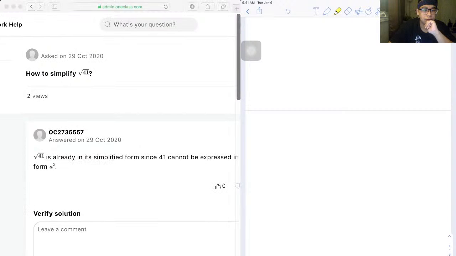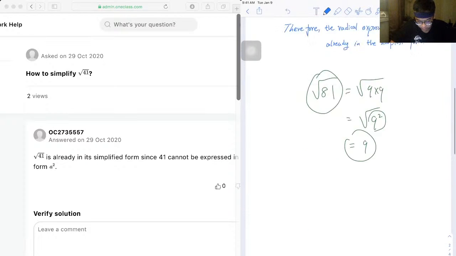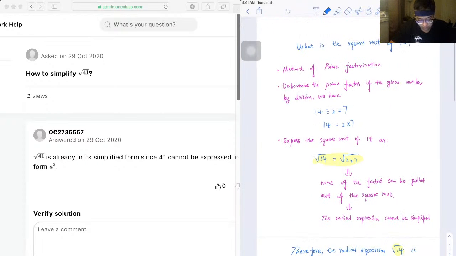So now we have our second question, which is asking us how to simplify root 41. Similar to what we have above, we still need to use the method of prime factorization.